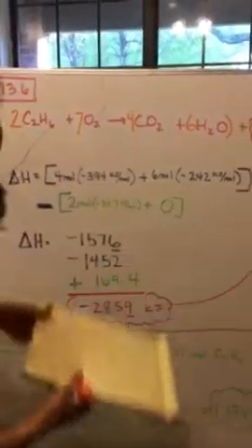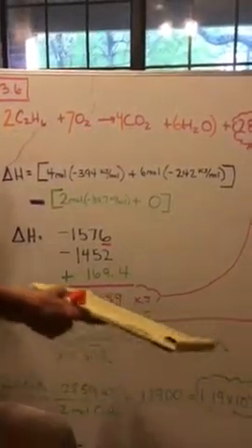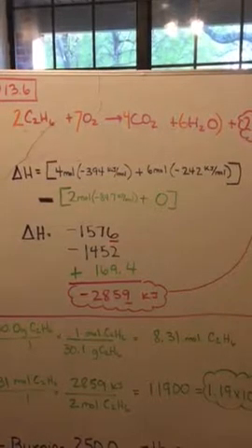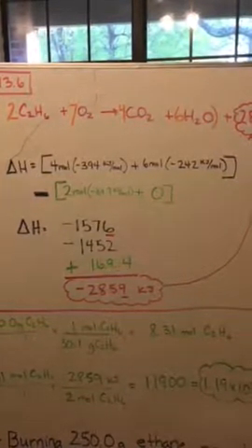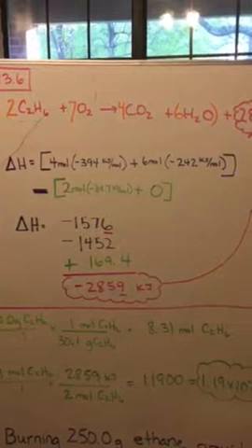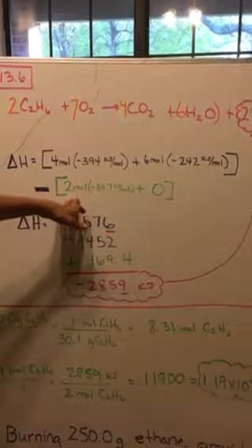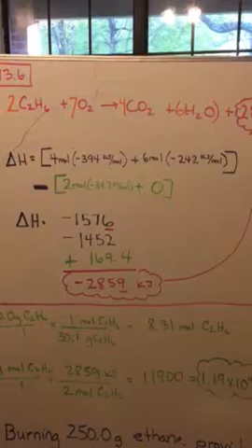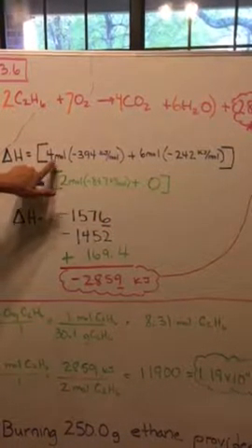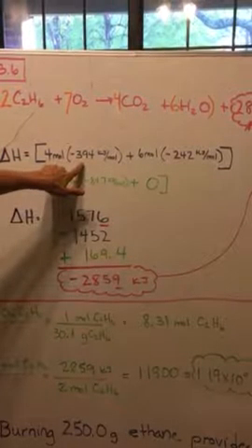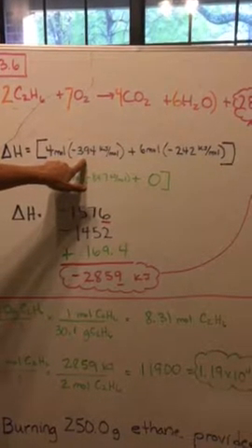Okay. So once it's balanced, what you have to do is use table 13.2, look up the enthalpies for the summation of the products, and then subtract the summation of the reactants. So here's what we do. I've got 4 moles of CO2, so 4 times the enthalpy of formation that they gave me.